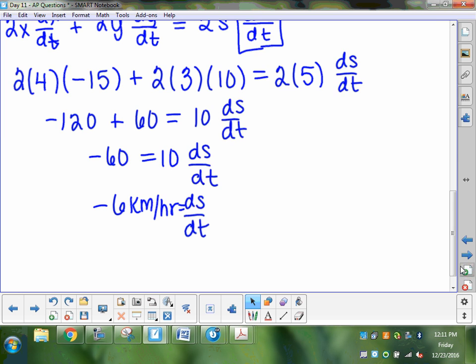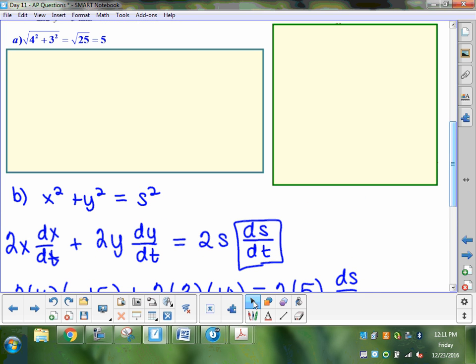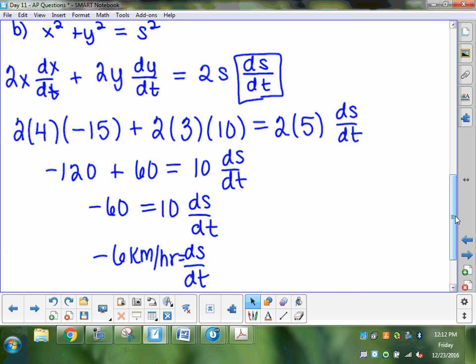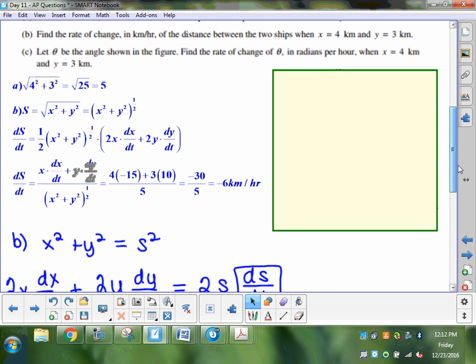Now, let's see if we did that right, because I did it a different way before. I went through and got s as a function, what that length was as a function, which is solving it for the square root of the squares.